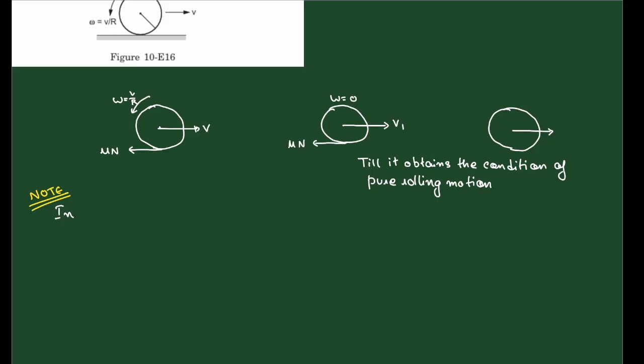That means the value of mu N, or the value of dynamic friction, will only be there till the objective of pure rolling is obtained.